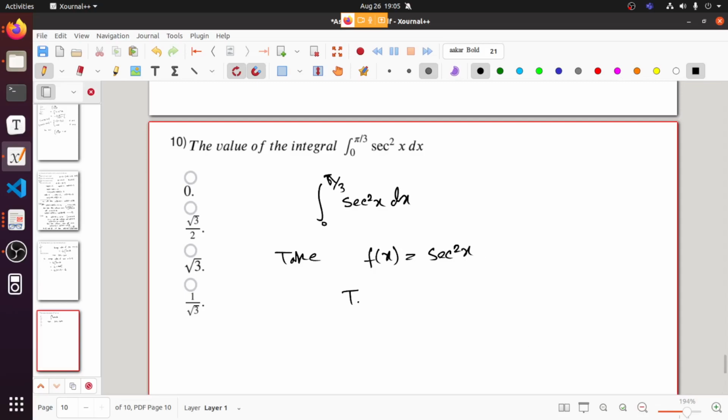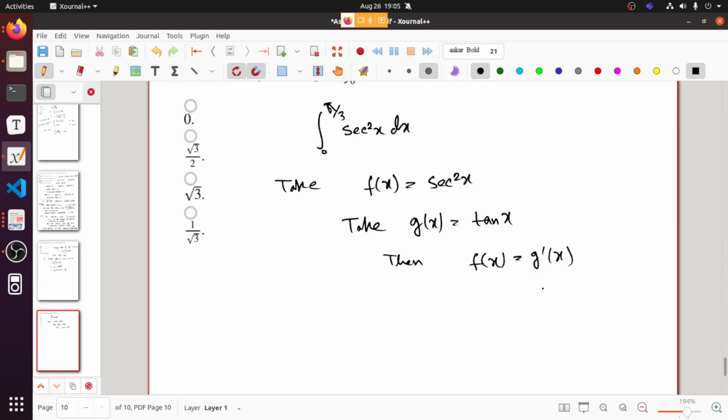Just take g(x) to be tan x, then f is g dash x, because the derivative of tan x is sec square x. So this integral 0 to pi by 3 sec square x dx is integral 0 to pi by 3 of f(x) dx, right?